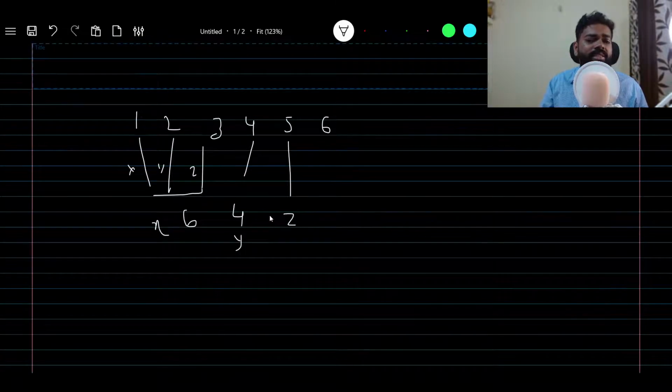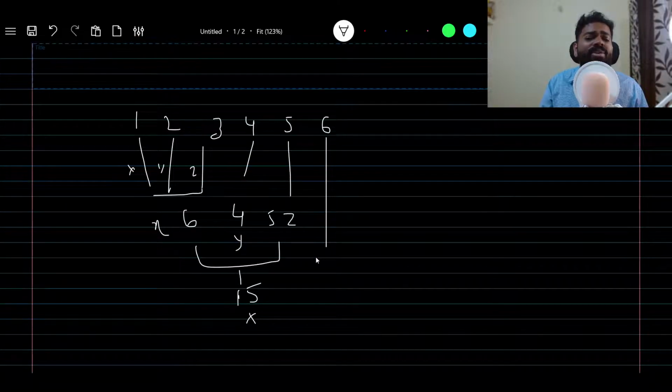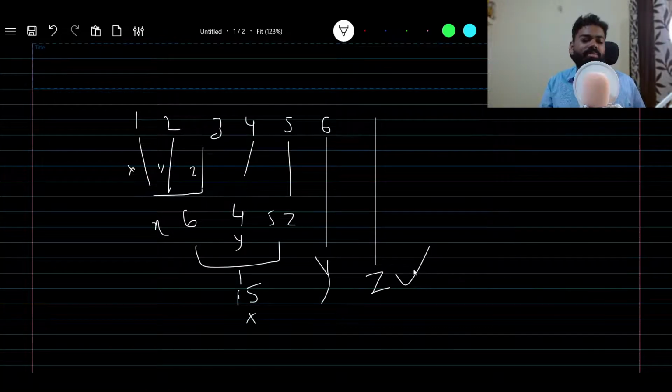Then what will happen in this case? This is 5. So 6 plus 4, 10. 10 plus 5, 15. This becomes your 15. This is your X. Now this is your Y. But where is Z? Where is Z?